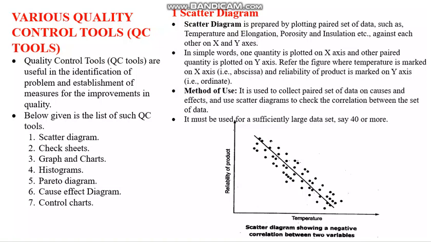Now, when you are taking different readings, suppose at what temperature you are getting what reliability. At different temperatures you get different reliabilities, and you get those dots that are shown in this graph.